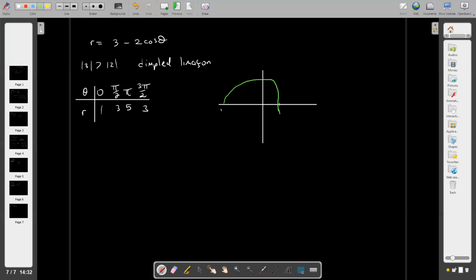So it's going to come in, dimple, and out, where this is 5. On the axis here, we've got 3 and 3, and this is 1. Okay, so that's a dimpled limacon.